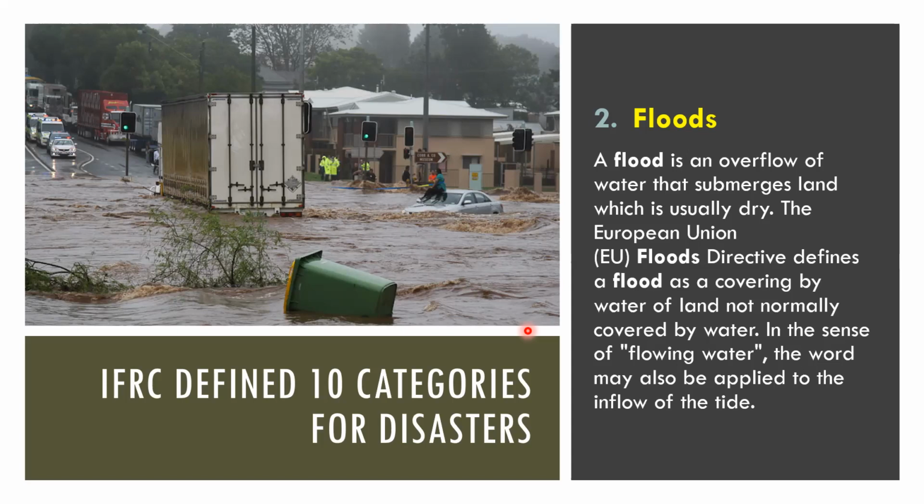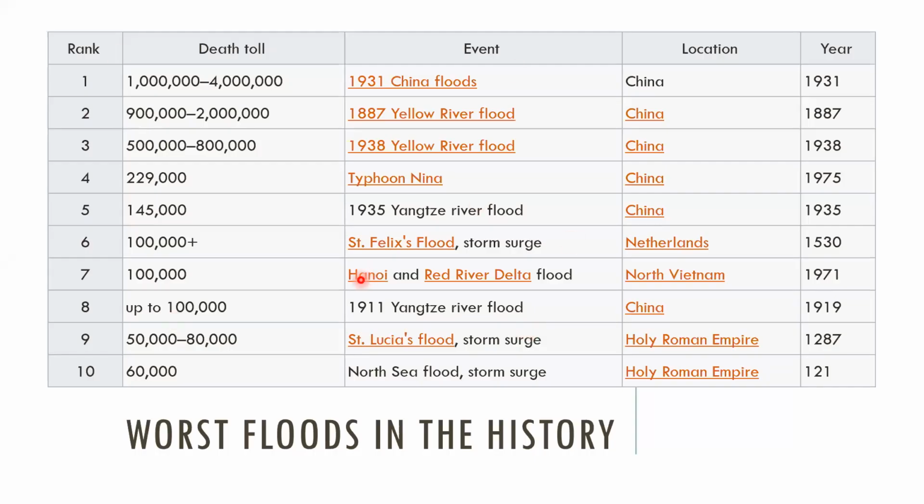As we are going to see from this table. You see here, China also suffers a lot from floods because they have the Yellow River and many typhoons.